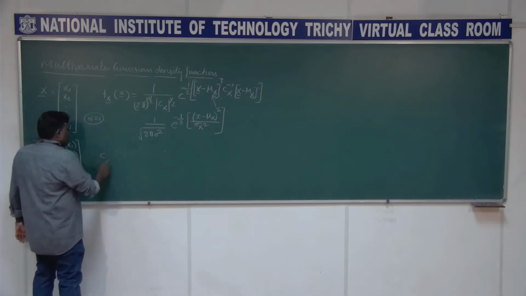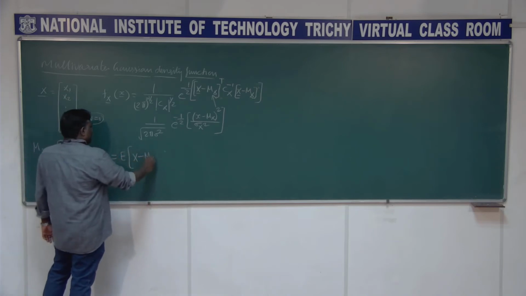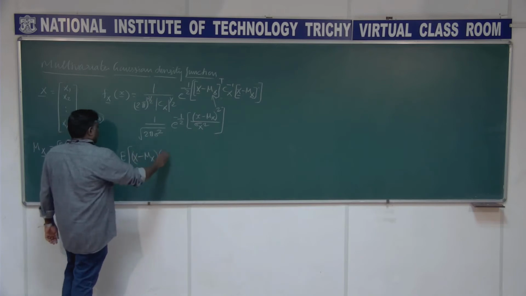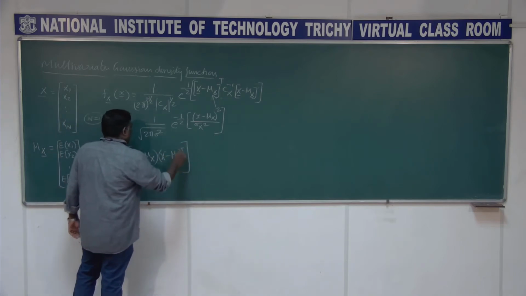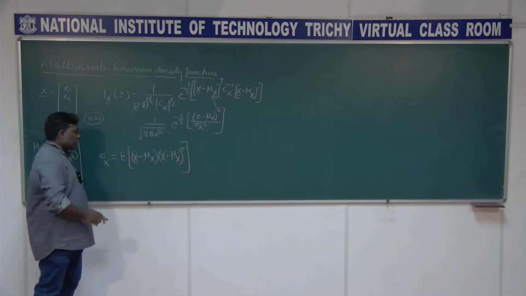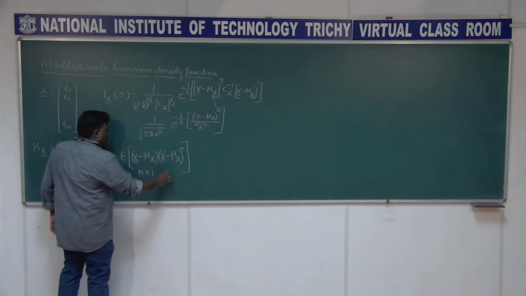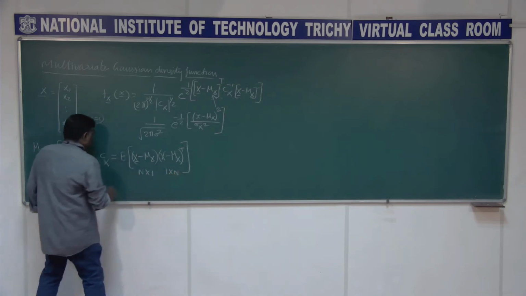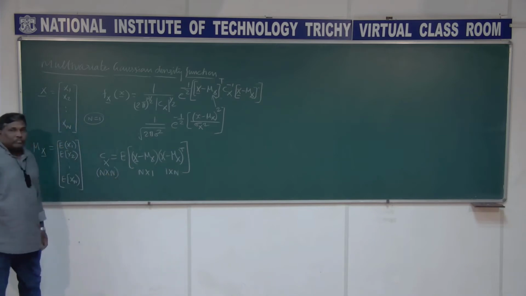And if I want to know about this covariance matrix, x minus mu x is transposed here, because this vector is of size n cross 1 and this is 1 cross n, and the size of the covariance matrix is going to be n cross n, right?